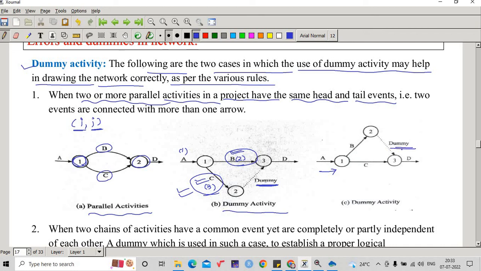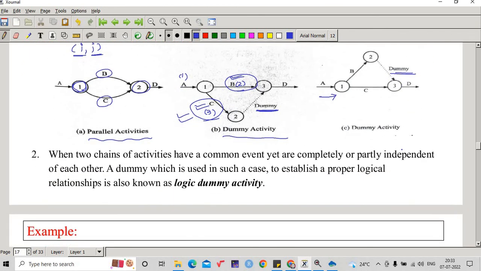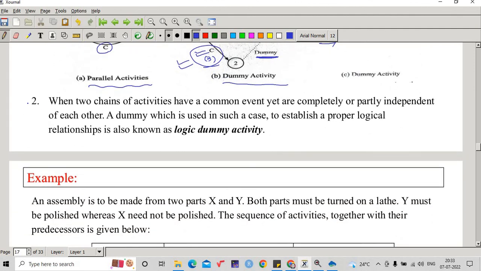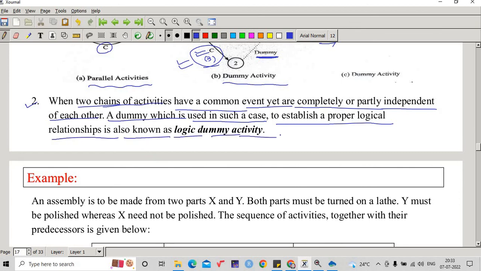How to use this in a problem, I'll definitely tell you, but just try to understand the concept at this level. Second part, when two chains of activities have a common event yet are completely or partially independent of each other, a dummy which is used in such a case to establish a proper logical relationship is also known as a logic dummy activity.